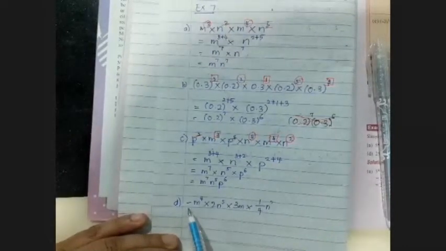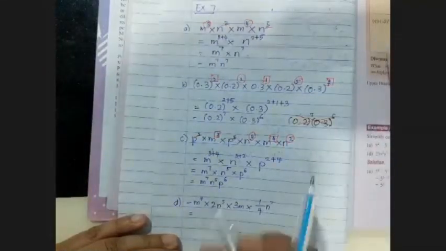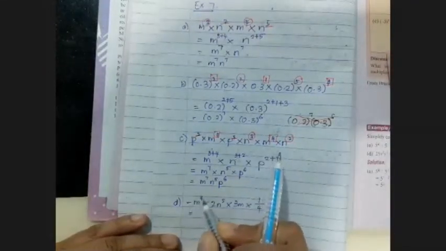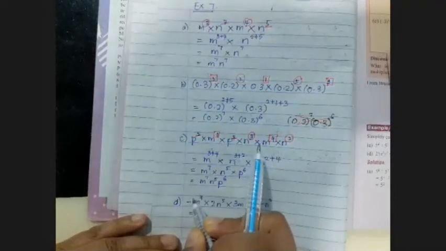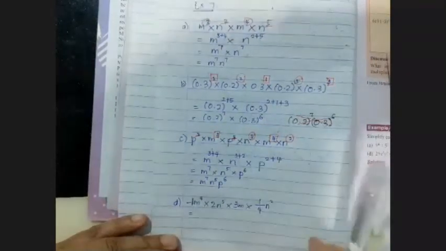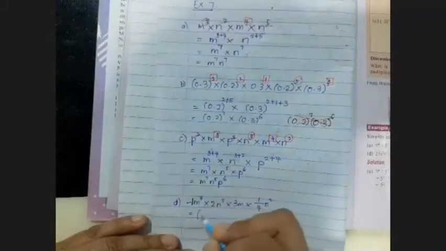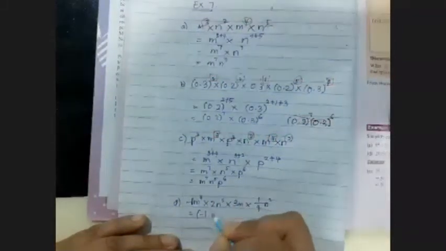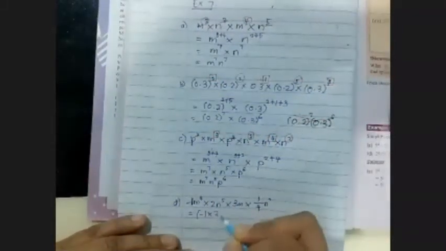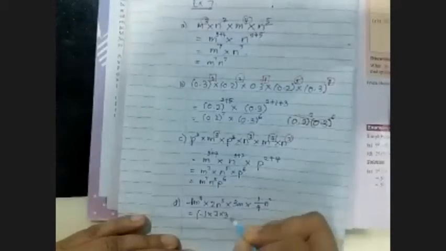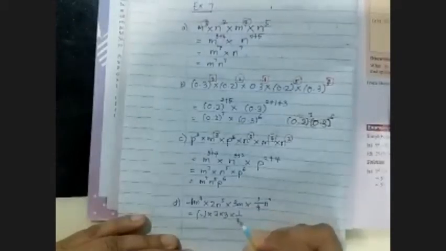What is the coefficient for the first term? This is negative m power of 4. Means this negative 1. So the coefficient for the first term is negative 1, multiply 2, multiply 3, multiply 1 over 4.